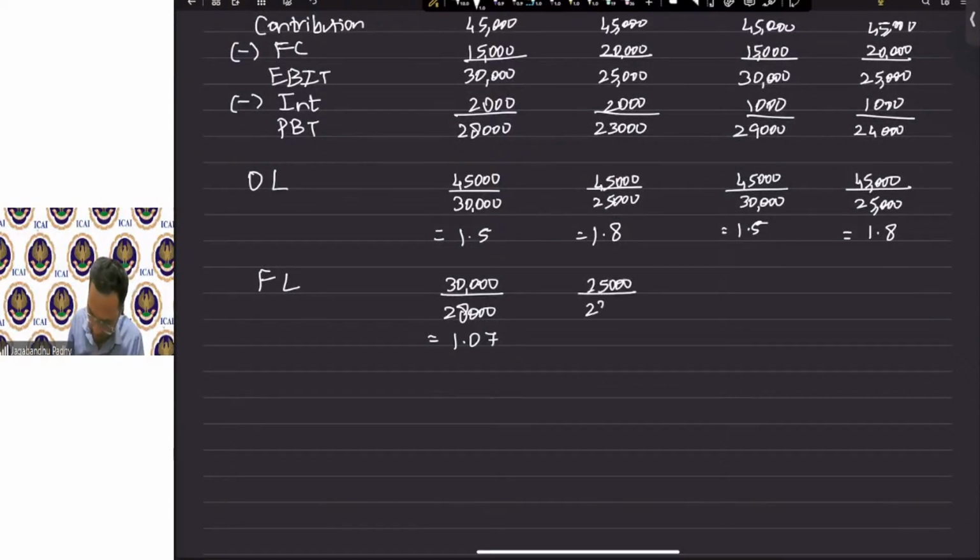And 25,000 divided by 23,000. Twenty-five divided by 24.